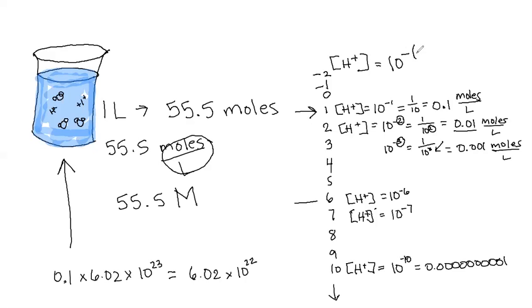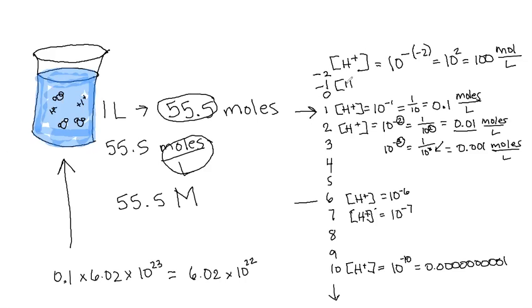But if our pH is negative 2, then we have 10 to the positive 2, or 100 moles of hydrogen per liter. So that would mean we had more hydrogen than we did water, because our water was only 55.5 moles per liter. So you could have a negative pH if you had a lot of hydrogen.